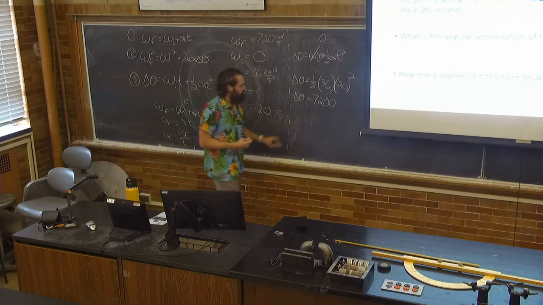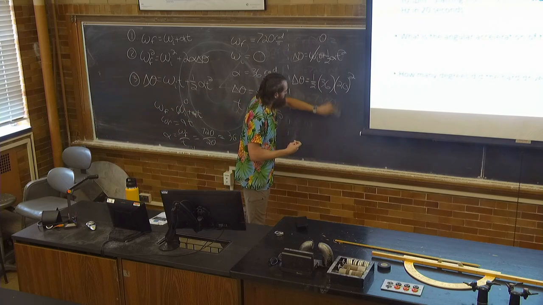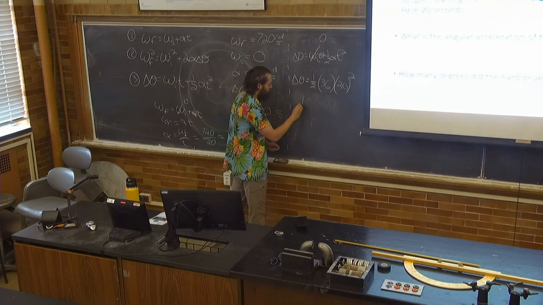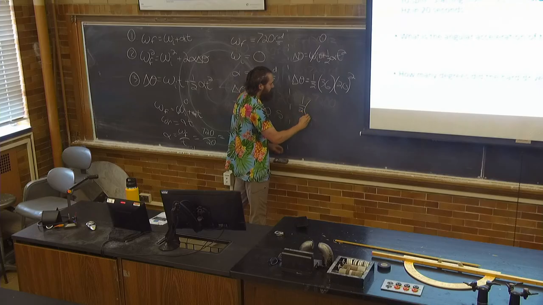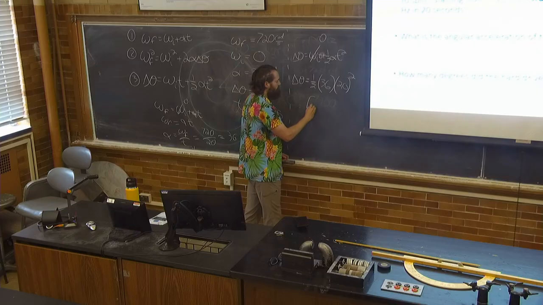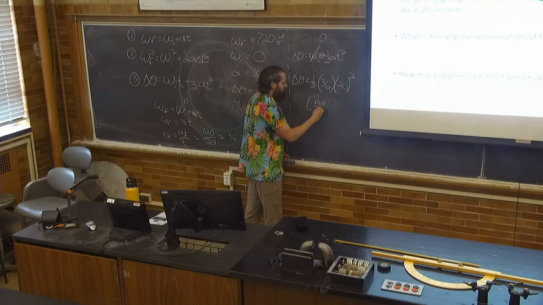So let's practice what units that should have. We know the final answer should be 7,200 somethings, but we don't know what those somethings are. The units for the 36 are radians per second squared.